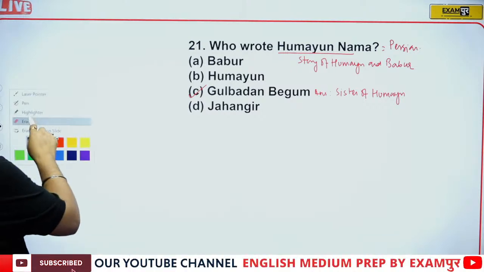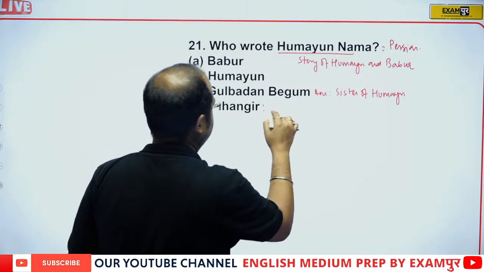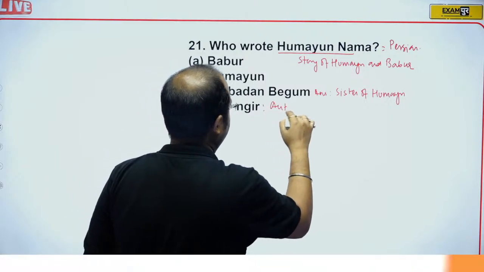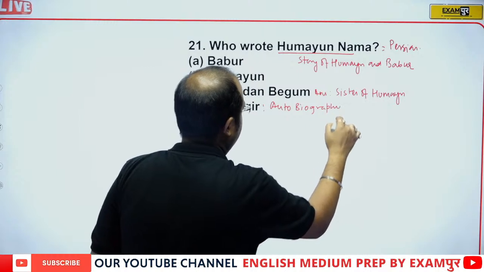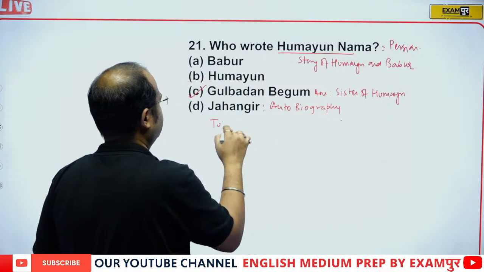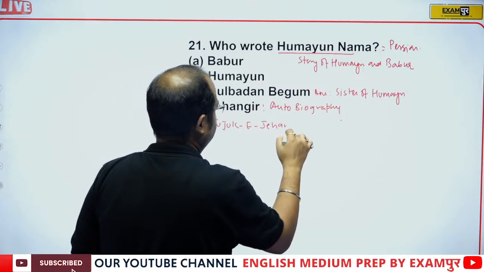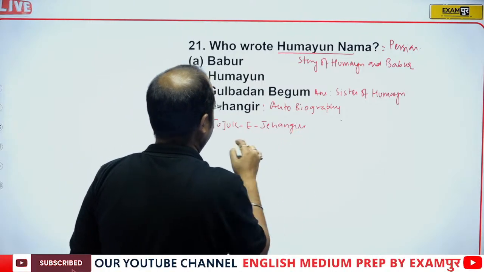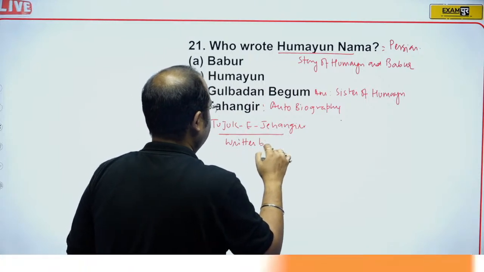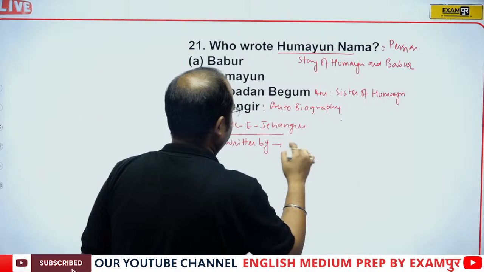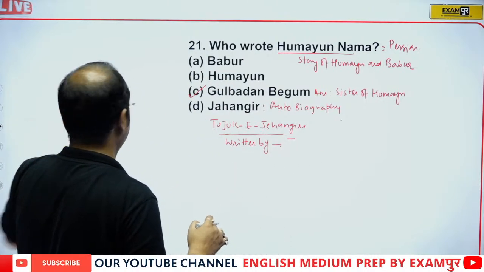And since I was telling you about Jahangir, Jahangir wrote his autobiography that was called Tuzuk-e-Jahangiri. It was started by Jahangir but was completed by Muhammad Khan.